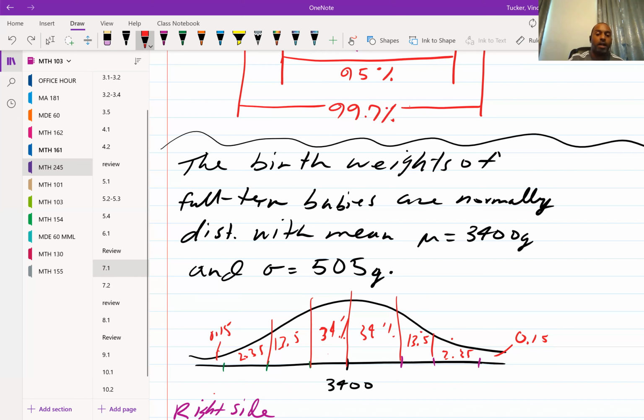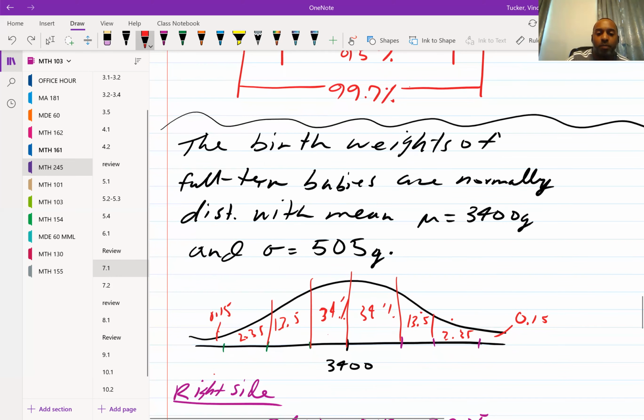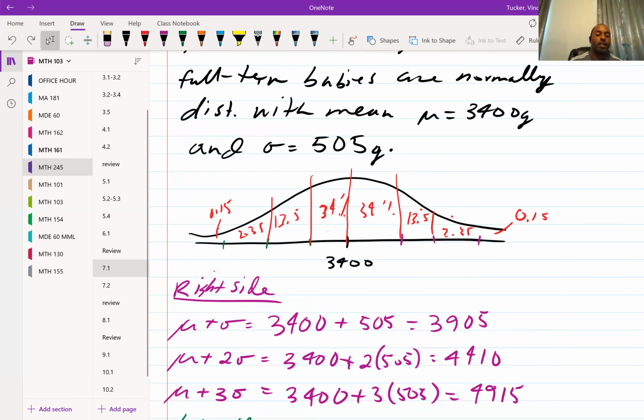Then for the right side of your mean, I'm going to take the standard deviation and add it 3 times to get those 3 values. Add 505, add 505 again, add 505 the third time, and that gives you 3905, 4410, and 4915.